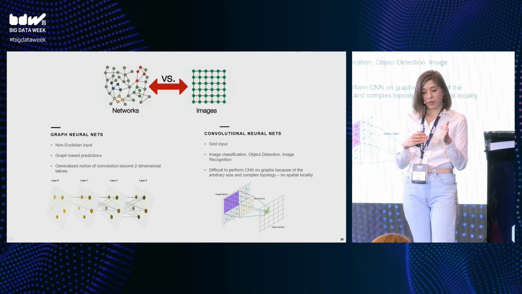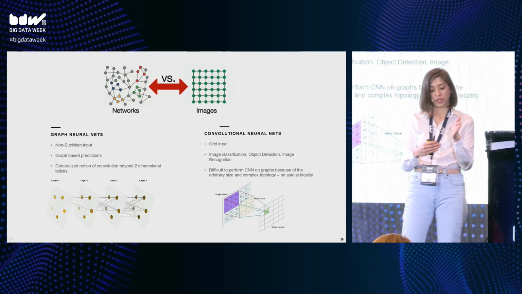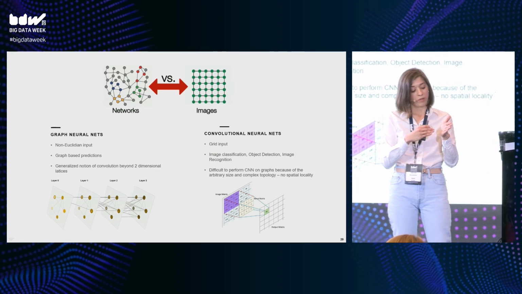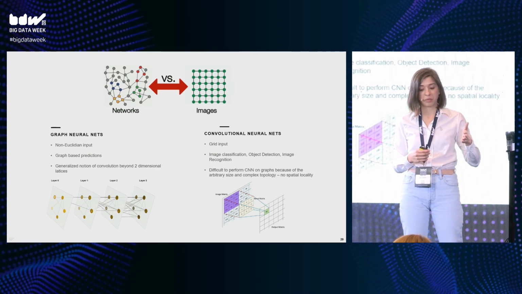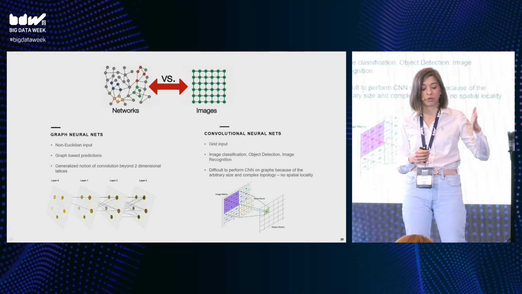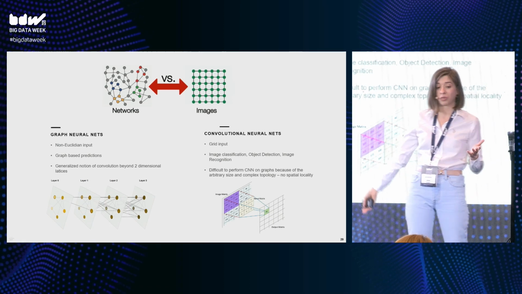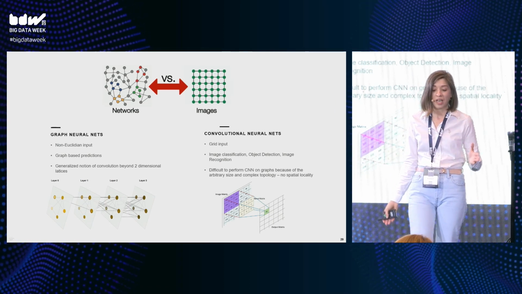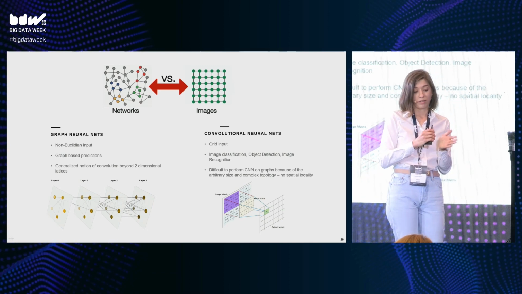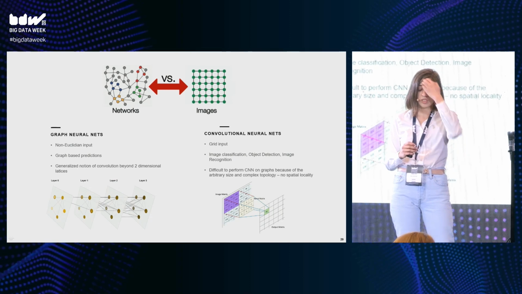And also, because you are sliding this convolution over your initial picture, it's important that the cat is in the top left corner of the picture, or in the bottom right corner. It might be the same cat, but it's not the same picture. And this is why convolutional neural networks are very sensitive to this spatial locality.